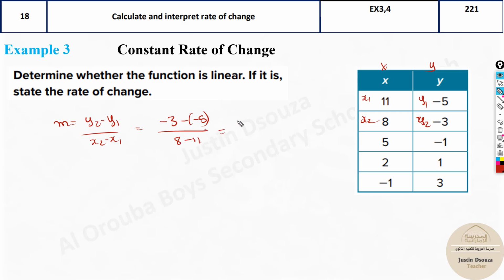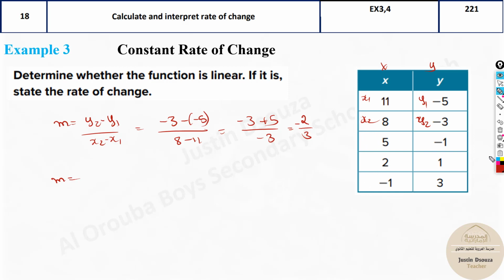The answer will be -3 plus 5 divided by -3. So it is 2 by 3 with a negative sign. Why? Because 5 minus 3 is positive 2, but the -3 in the denominator makes it negative 2/3.